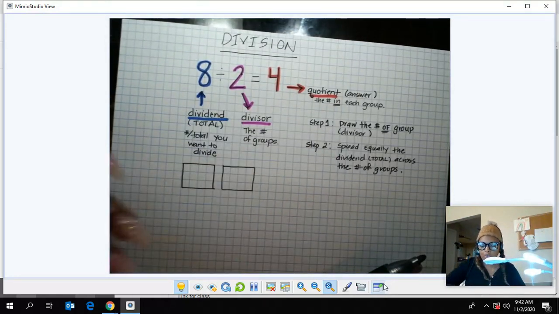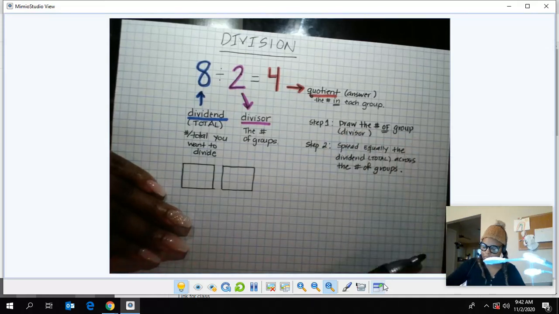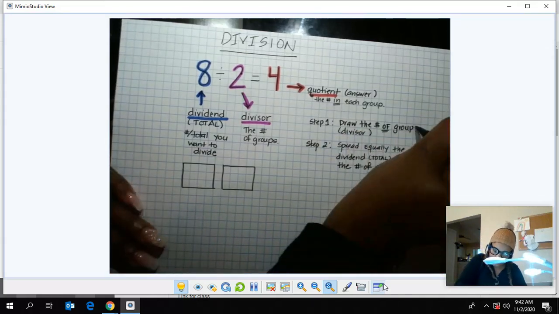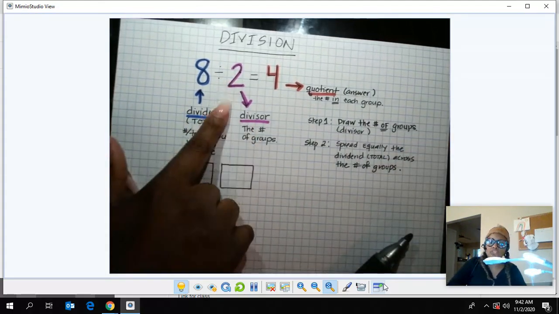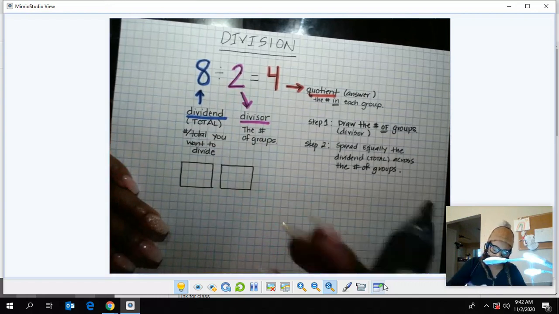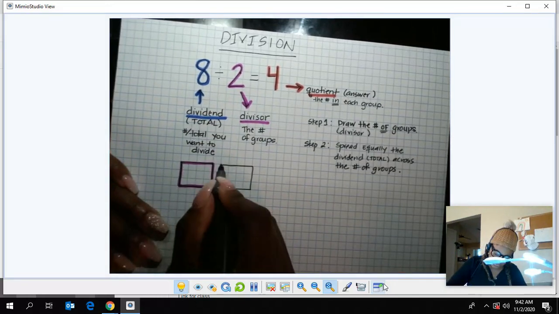So now I know how many groups. Draw the number of groups, which is our divisor, which is 2. So I have 2 groups here. 1, 2.